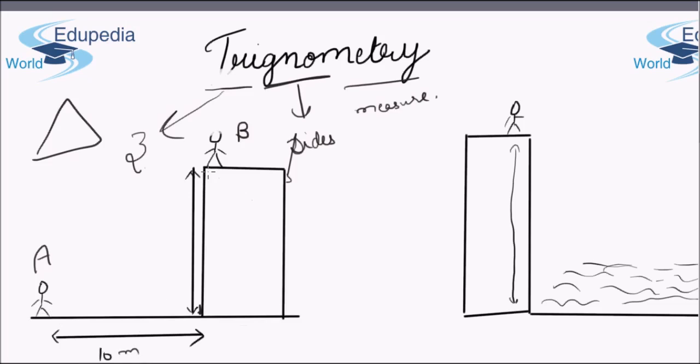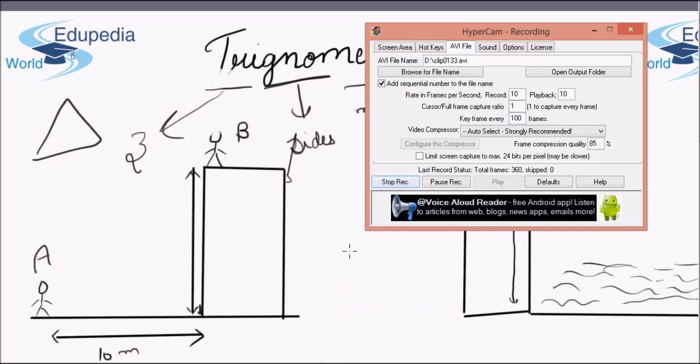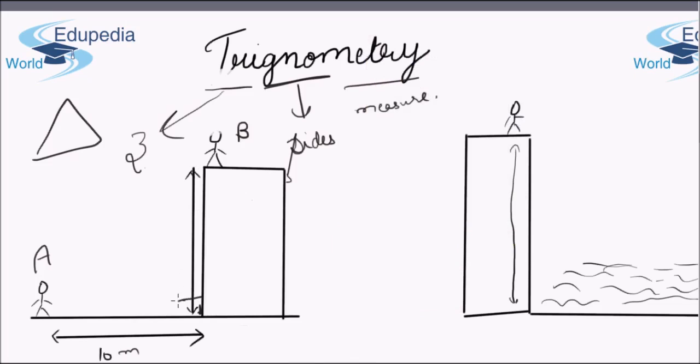Buildings are generally perpendicular to the ground, so it is a 90-degree angle. Thus, this triangle formed is a right-angled triangle.